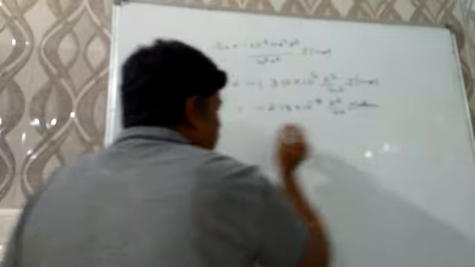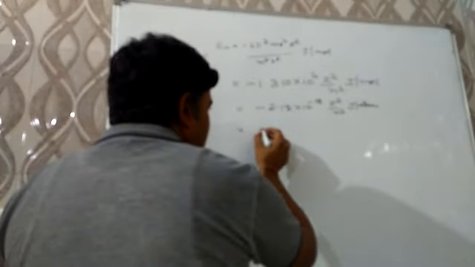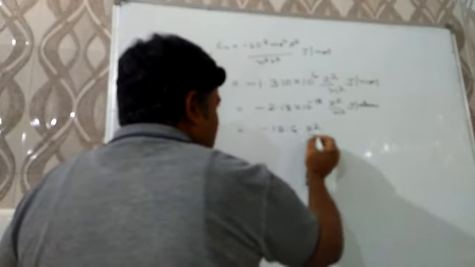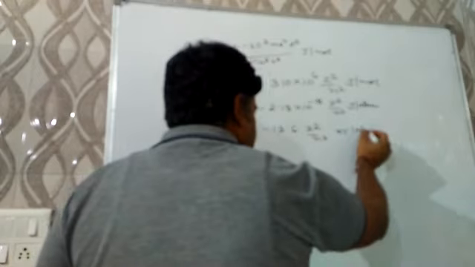In electron volt, it can be converted by dividing by 1.6 into 10 raised to power minus 19, so it comes out to be minus 13.6 z square over n square electron volt per atom.